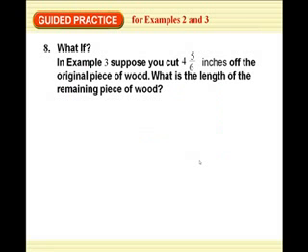What if you cut 4 5/6 inches off the original piece of wood? What's the length of the remaining piece of wood? The original piece of wood on that one problem was 36 and 5/8, and now we're going to cut off 4 and 5/6. Okay, that's the problem we need to do.